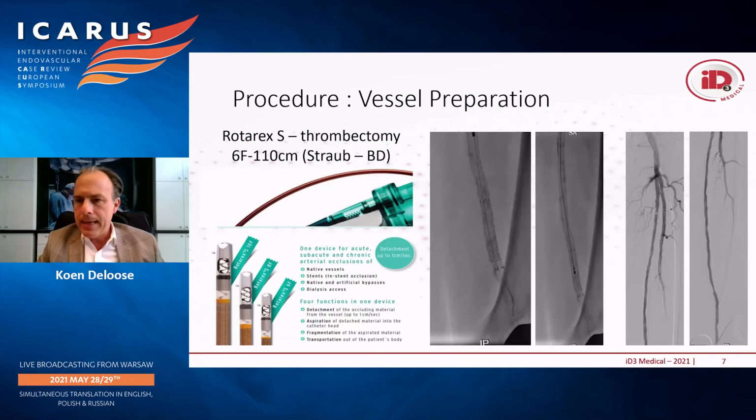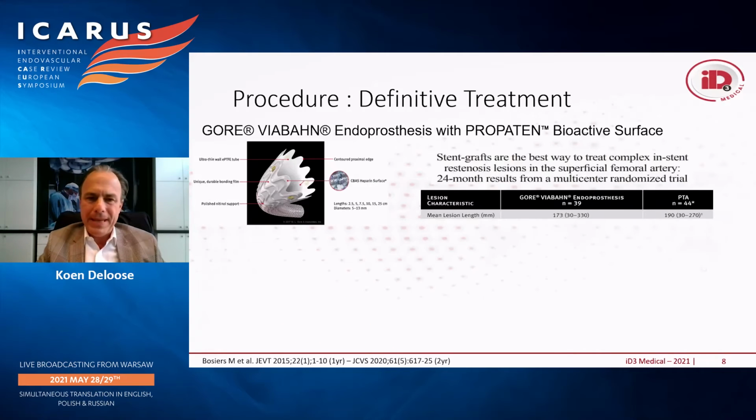So here you see the result after 2 passages with the Rotarex thrombectomy system, and you see that we reached already a quite nice result. Nevertheless, there was still some recoil, some residual stenosis, and also more in the proximal part, flow-limiting dissection.